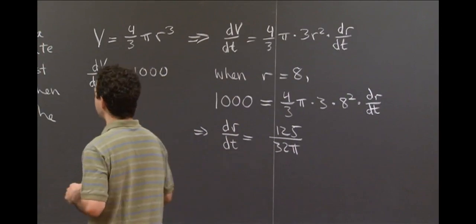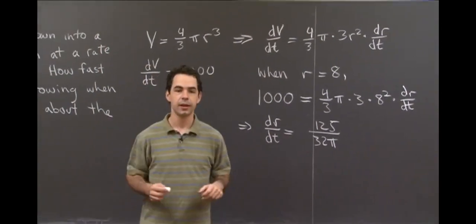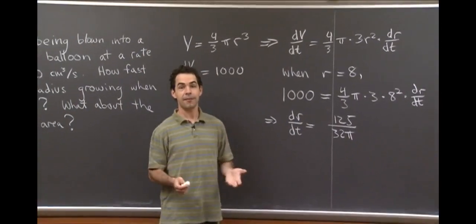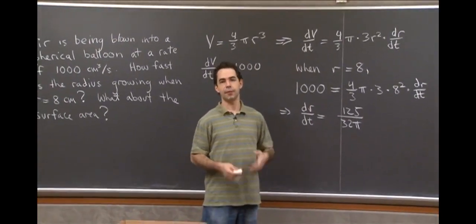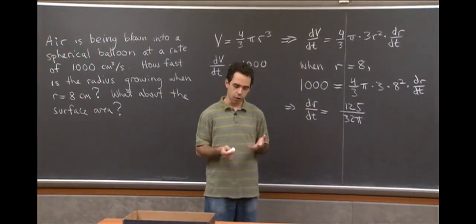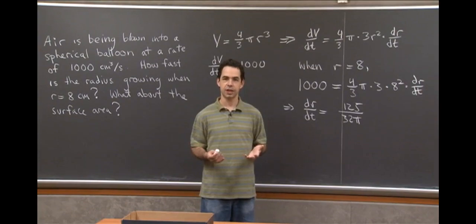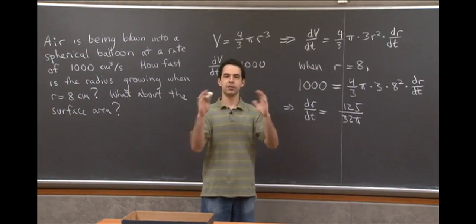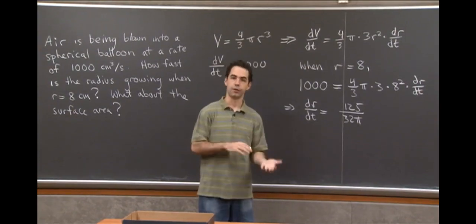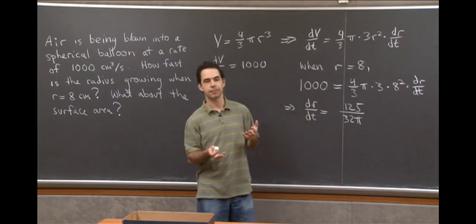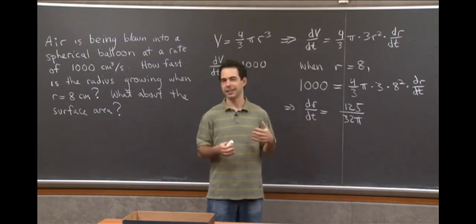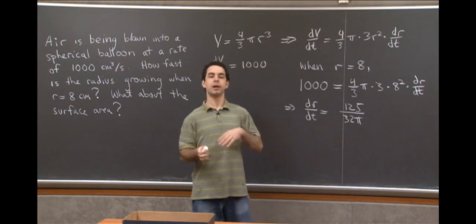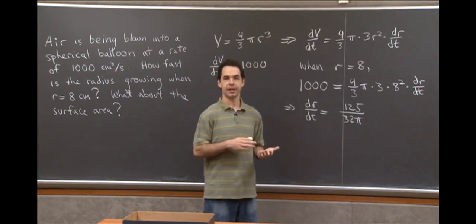Now how about the second question? What about the surface area? Again, we know how fast the radius is changing, and we know how fast the volume is changing. In order to figure out how fast the surface area is changing, we need something that relates the surface area to either the volume or the radius. The relationship between surface area and volume is something we could work out if we had to, but it's a lot easier to write down the surface area in terms of the radius.